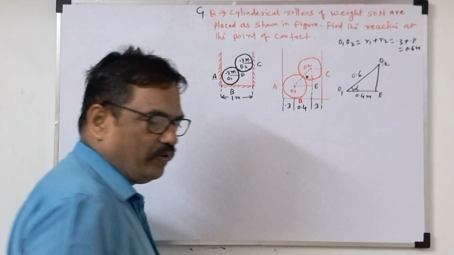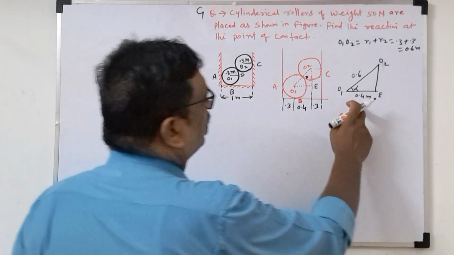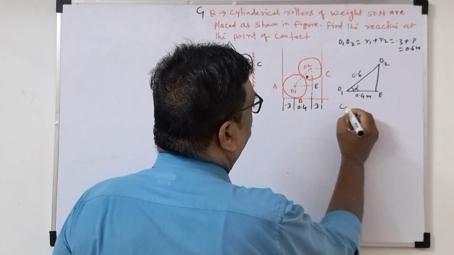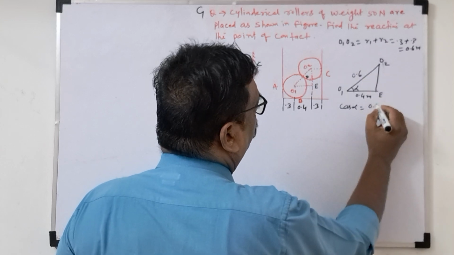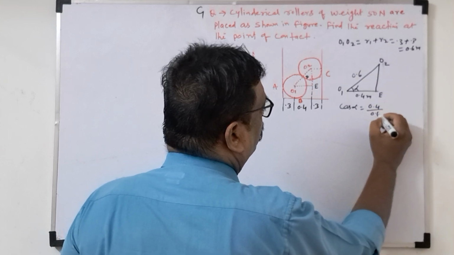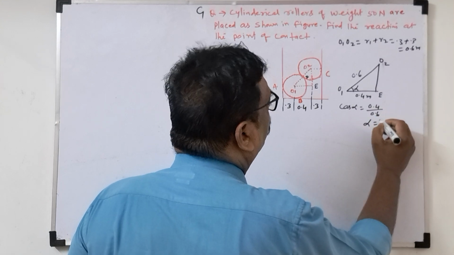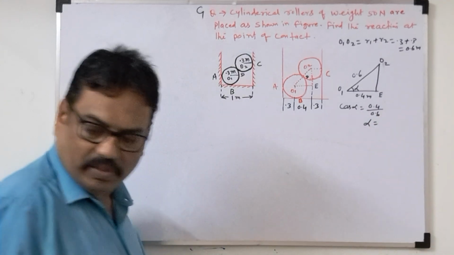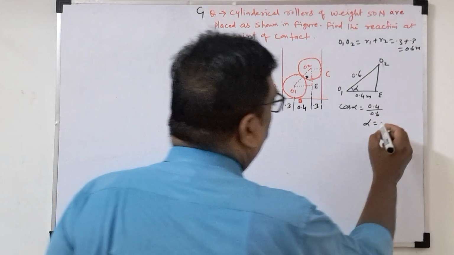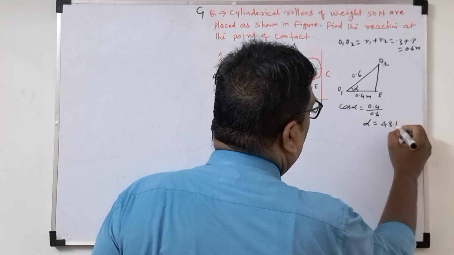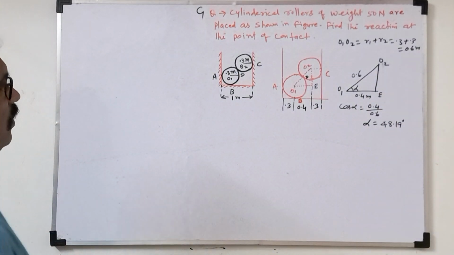So we will find alpha. In this right angle triangle, with the base and hypotenuse, we write cos alpha equal to B by H, that is 0.4 by 0.6. If we calculate this, alpha will come 48.19 degrees. Now we know alpha.